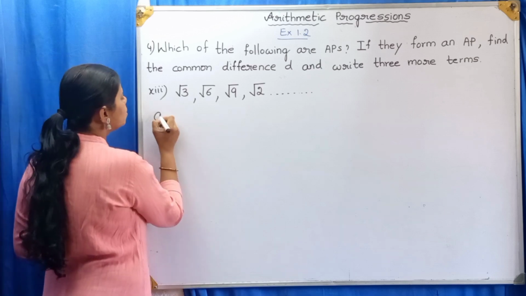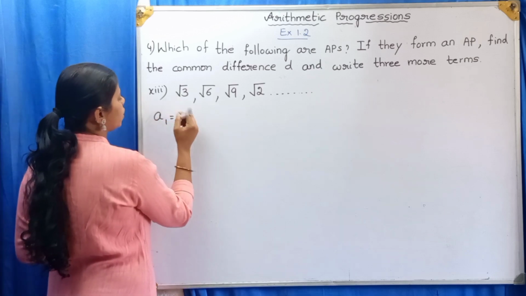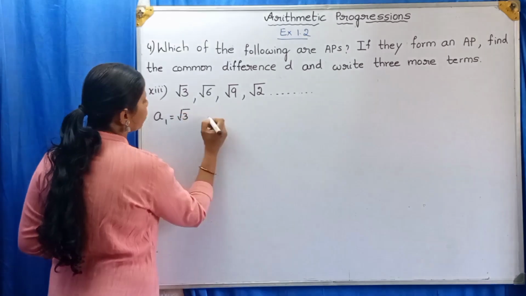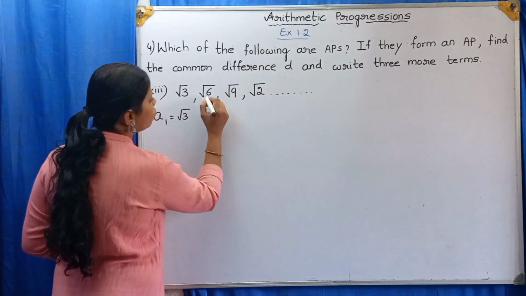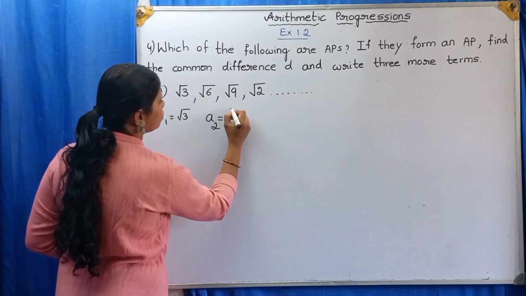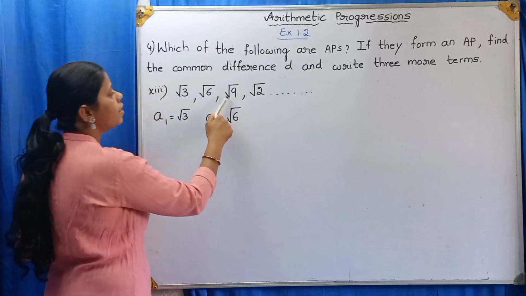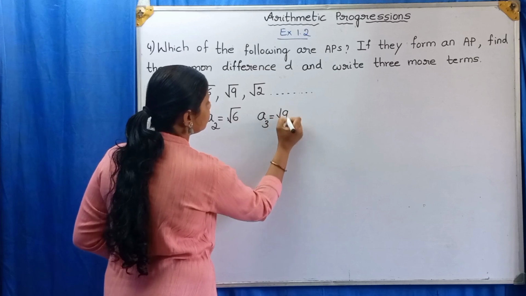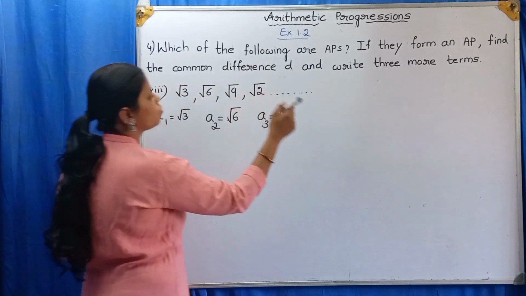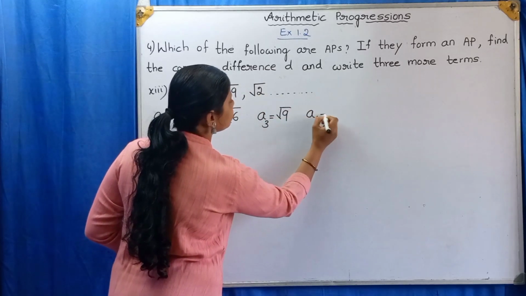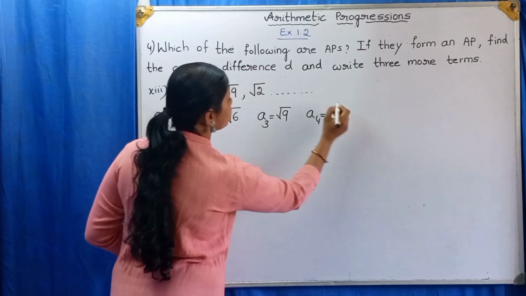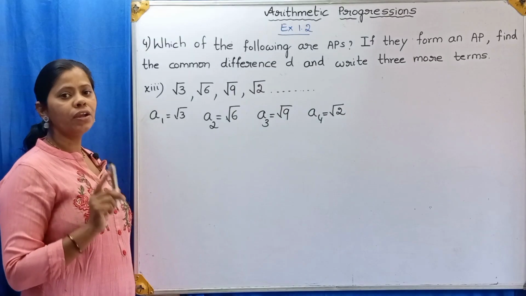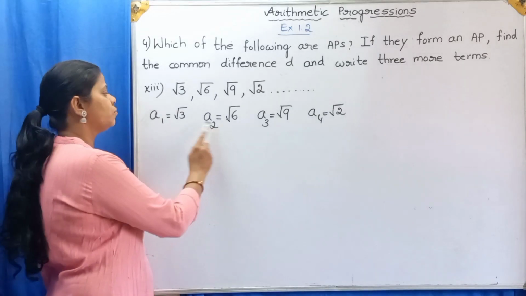We know that a1 is equal to root 3. a2 is equal to root 6. a3 is equal to root 9. And a4 is equal to root 2.